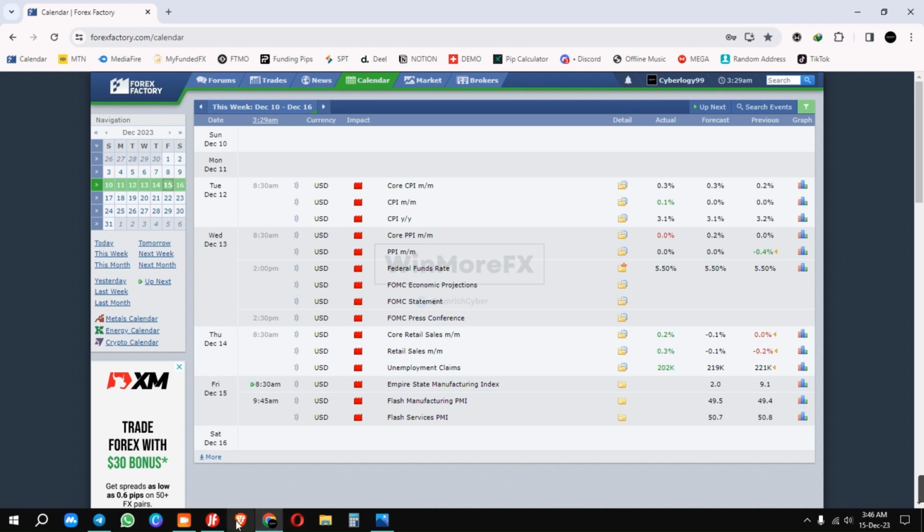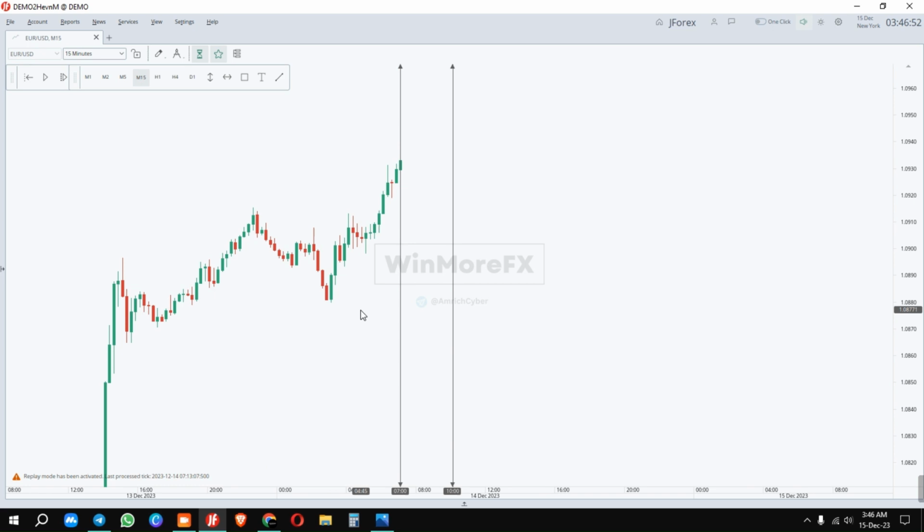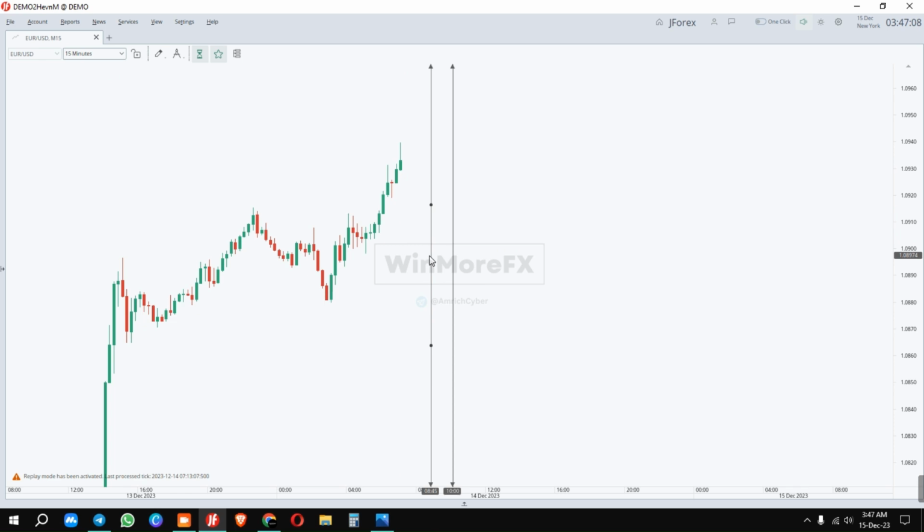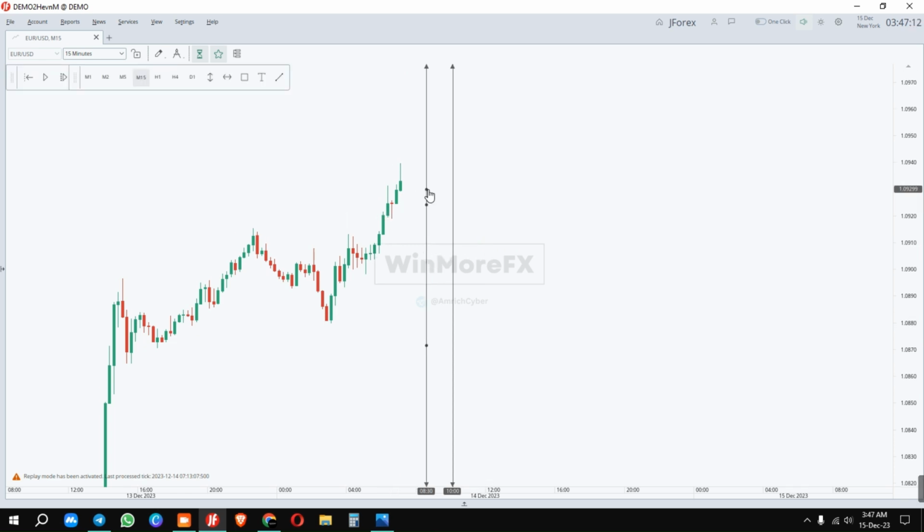So whenever there is news at 8:30, you always wait for the 8:30 news to come out before you go into the market. So we are going to move price forward. Let's move this line to 8:30. So whenever there is news, always wait for the 8:30 news to come out before you search for setups.